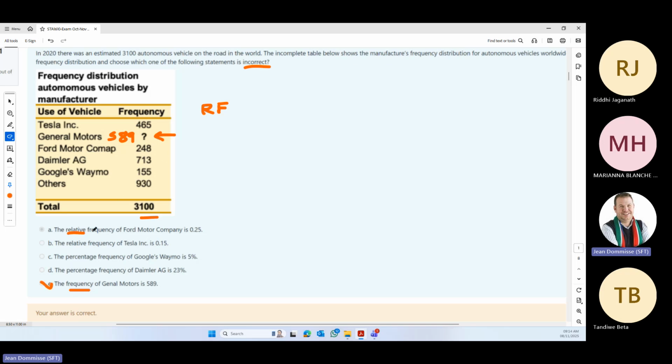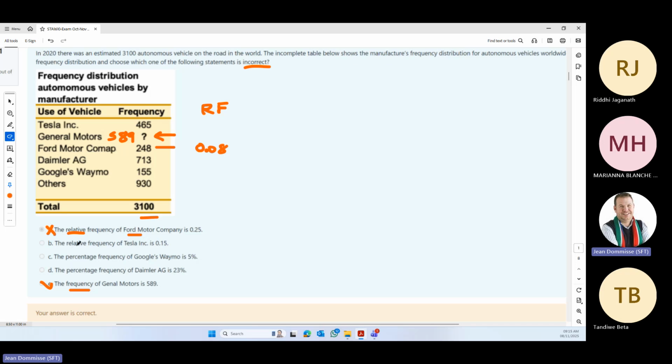Relative frequency is just the frequency divided by 3,100. We need to get the fourth one. So that is 248 divided by 3,100, 0.08. Okay, so that is the incorrect one.